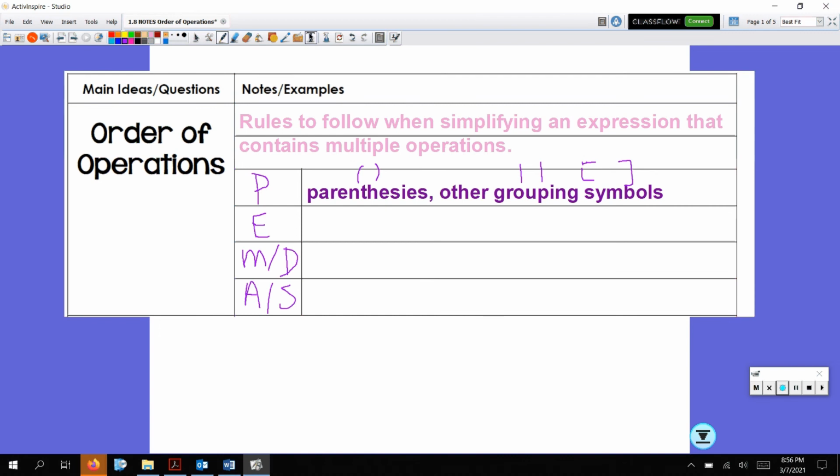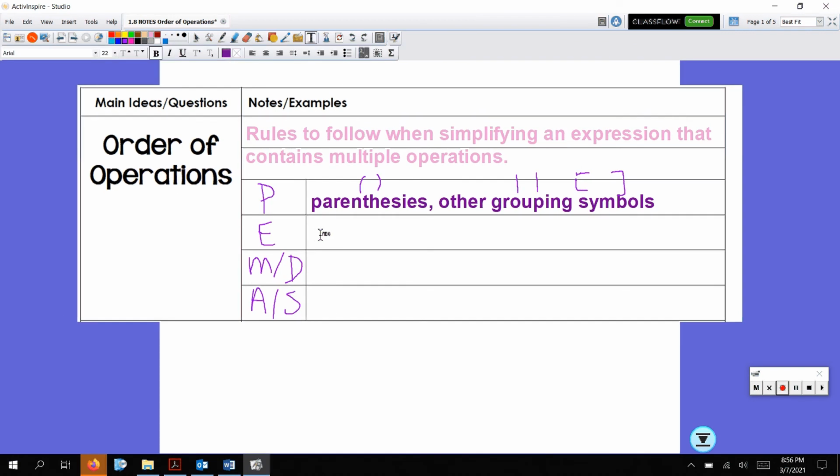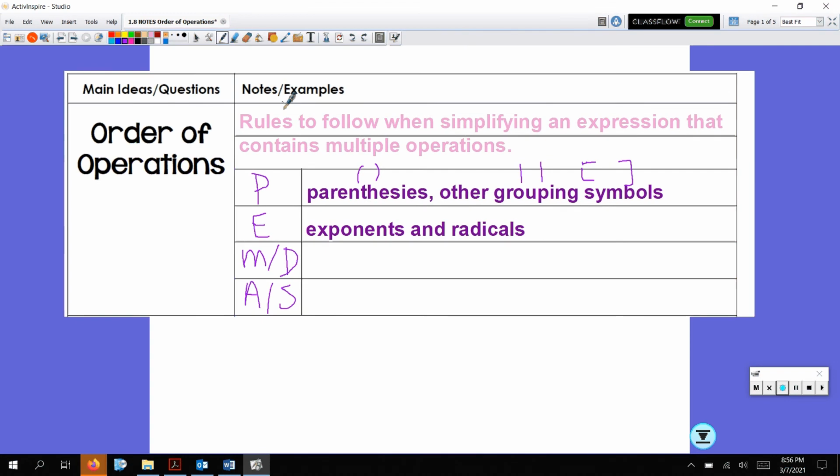All right, E. E stands for exponents and radicals, like square roots. Remember radicals, square roots, and exponents. It's that little number when we raise it to a power.